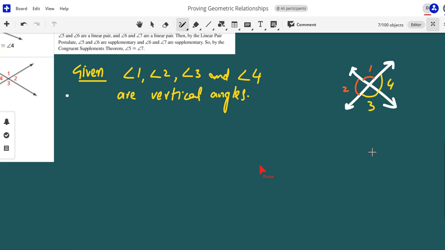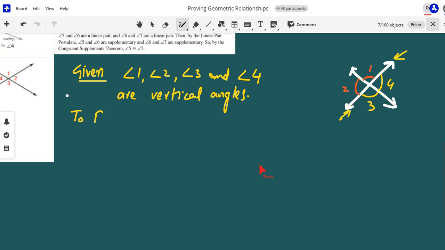And we have to prove that the vertical angles are congruent. Now, if I consider this line, the line that I am highlighting, as a straight line, then you can see that these two angles are adjacent angles. But we have to prove, let me just tell you.